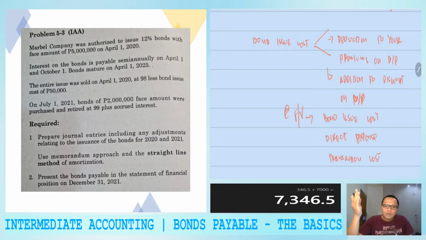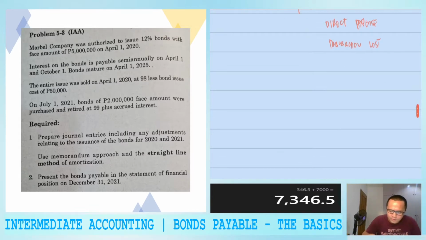Not a deduction to your premium or an addition to your discount. Because basically, pag ang bonds payable is classified at fair value, no premium or discount is to be recorded. Klaro yun, ha? No premium or discount is to be recorded because the bonds payable is to be measured at fair value na. Okay? Not at face amount. Klaro?